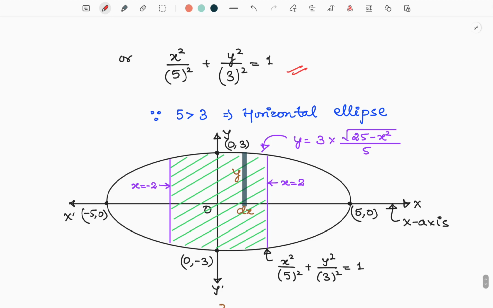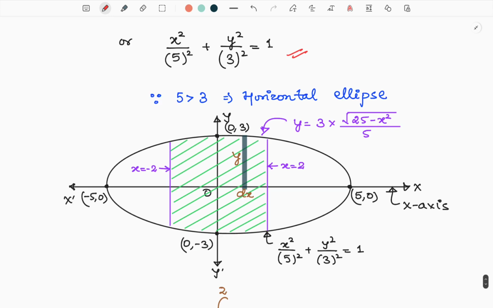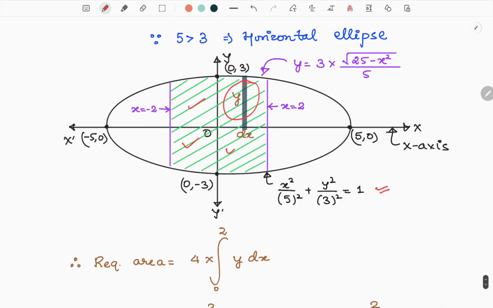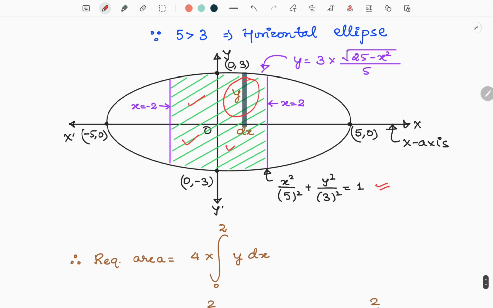By drawing the graph of the horizontal ellipse, we can see all the corresponding corner points and the ordinates at x equal to 2 and minus 2, and from the equation of the ellipse we isolated y as 3 by 5 under root 25 minus x square. Now we can see very smartly that if we calculate the area of one part, then all the other three parts are symmetrical to it. So it is better to calculate the area of one part and multiply it by 4 to get the required answer.